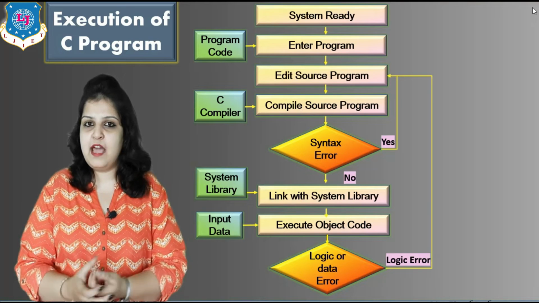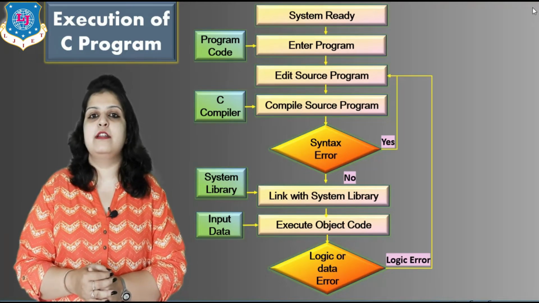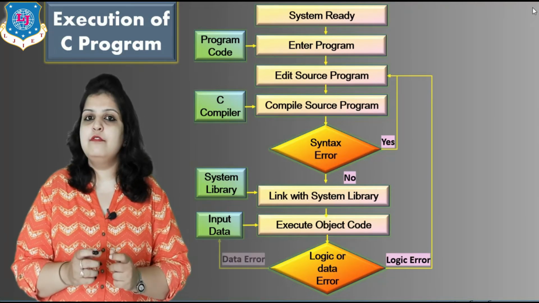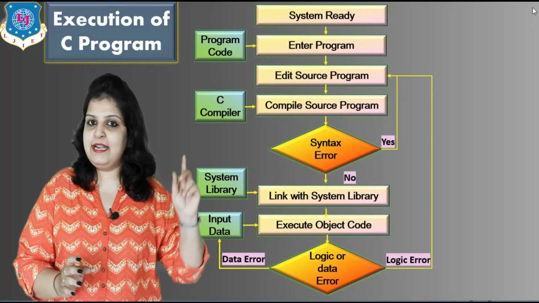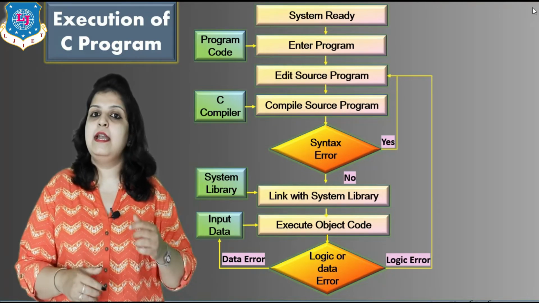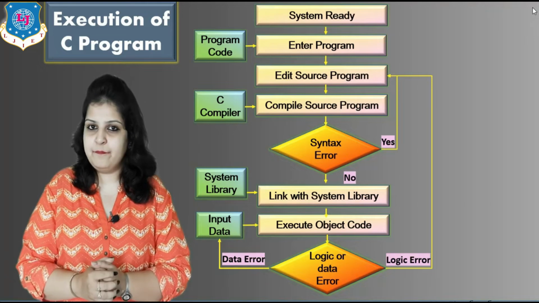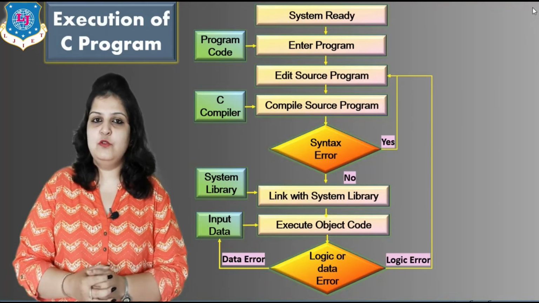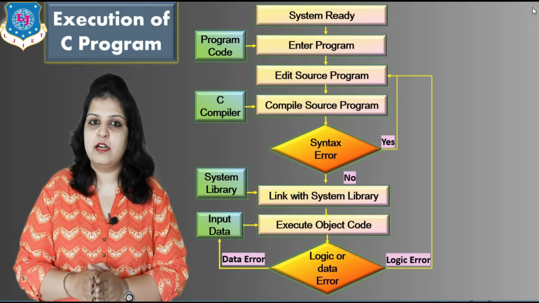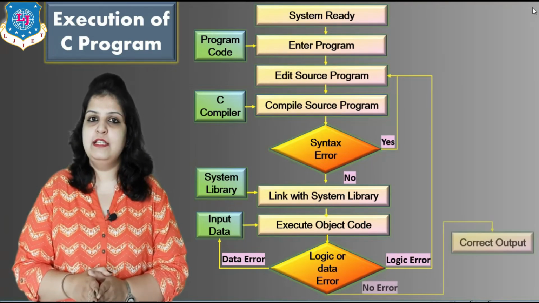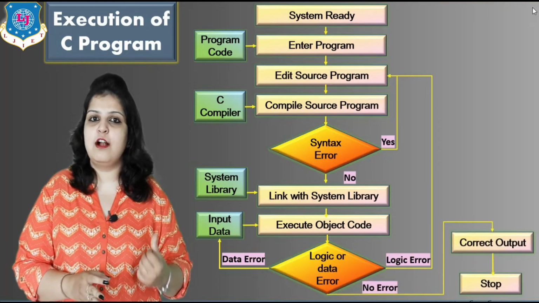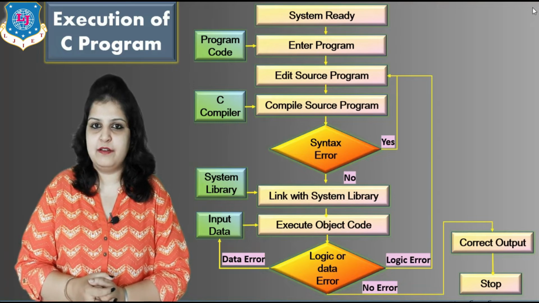When a data error occurs, what do you have to do? You don't need to edit the source code, but you have to run the program again and enter the correct data. If these two types of error do not occur, then you will get the correct output. In this way our C program will be executed. This is also called the C development life cycle.